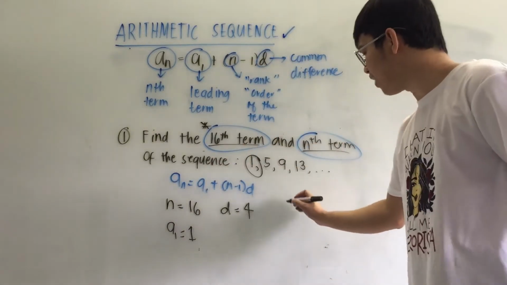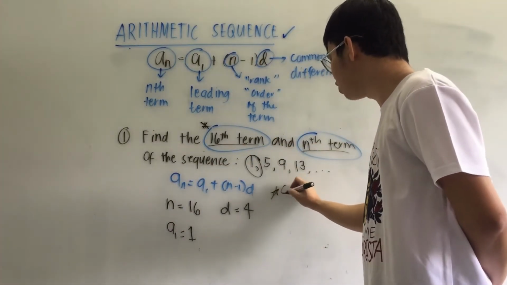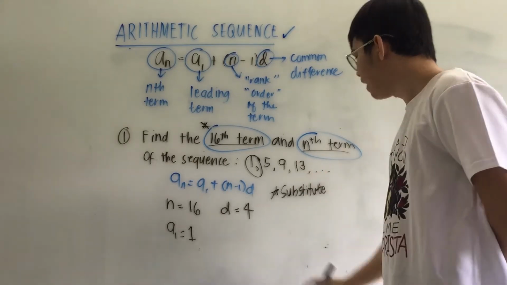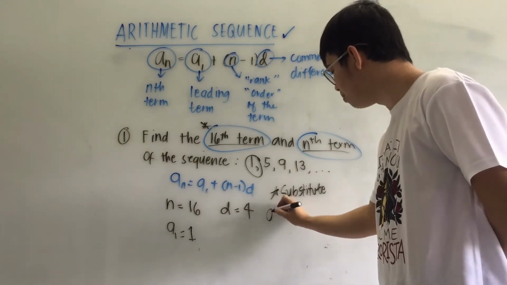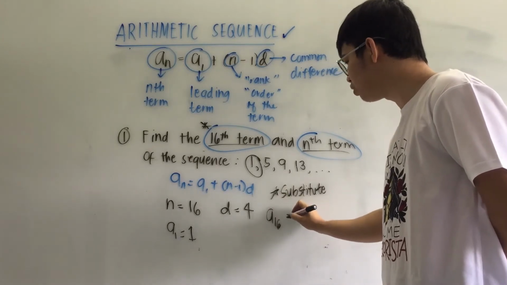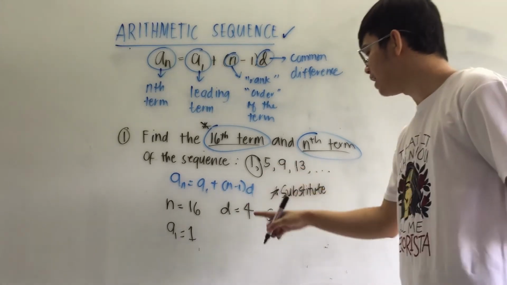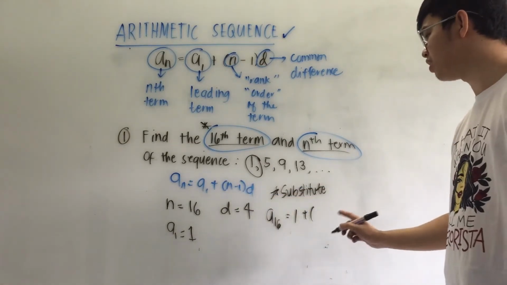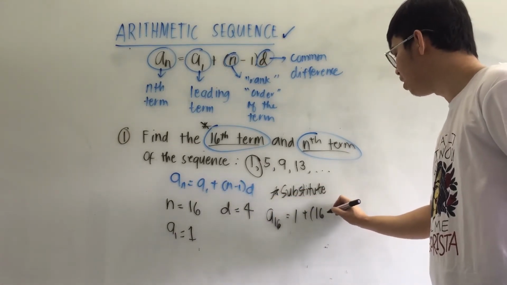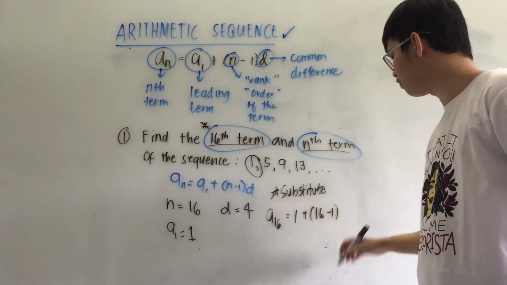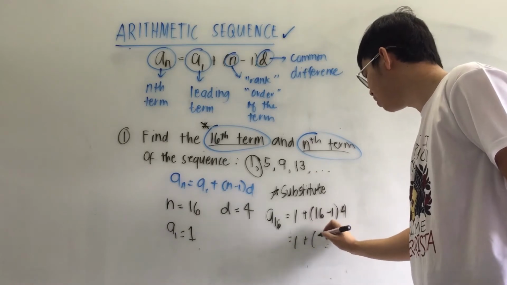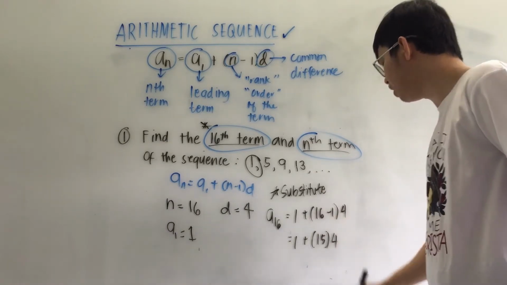Then we substitute. And then therefore we have what? a sub 16 is equal to a sub 1, which is 1, plus n minus 1, so therefore it becomes 16 minus 1 times 4. And then this becomes 1 plus 15 times 4.